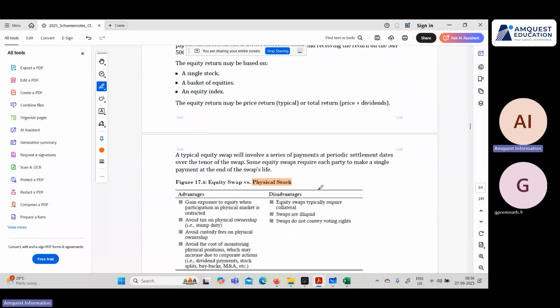Are swaps OTC? It says yes, swaps are typically traded over the counter, meaning they are not exchange traded like stocks or futures. So they are OTC products.